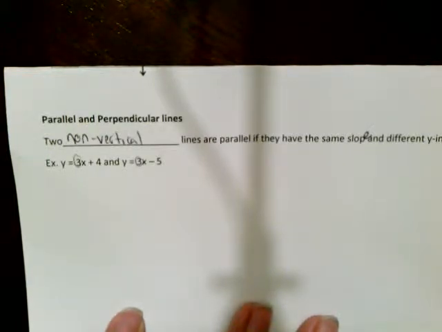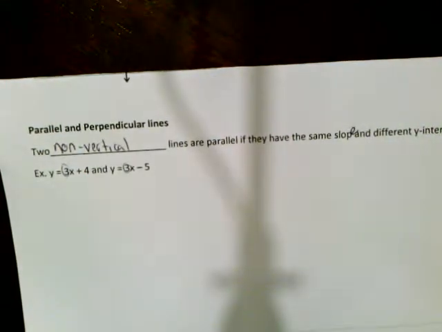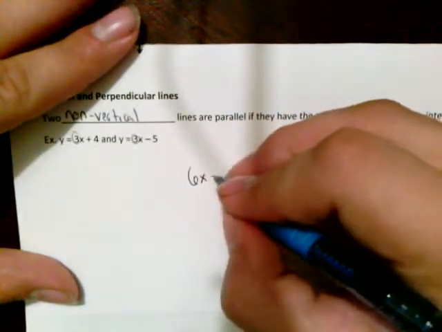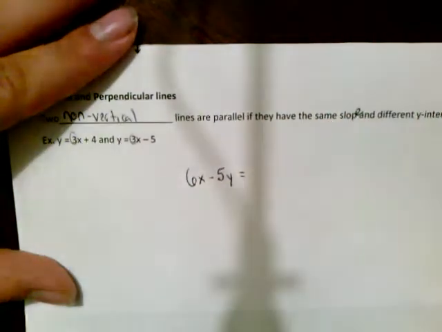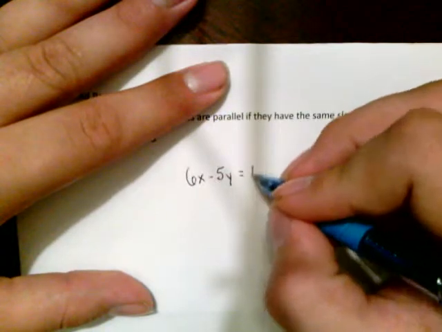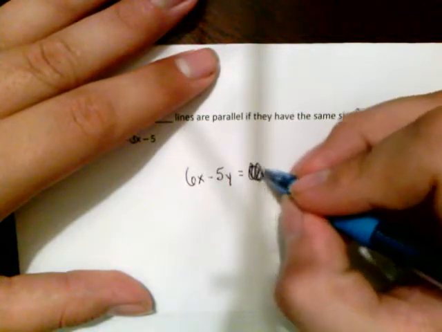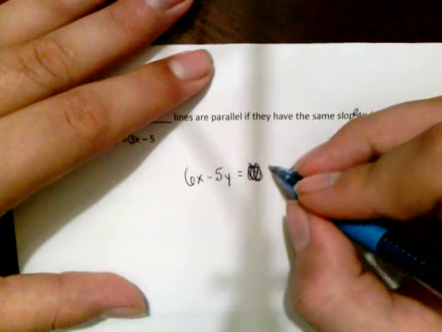Now sometimes you can't tell what that is, so let's make up a problem in which you can't really tell whether they're parallel or not. Let's test it out. Let's say we had 6x minus 5y equals 20, a nice even number.